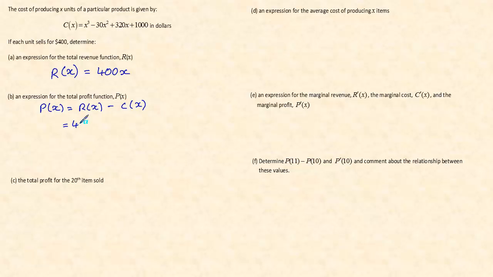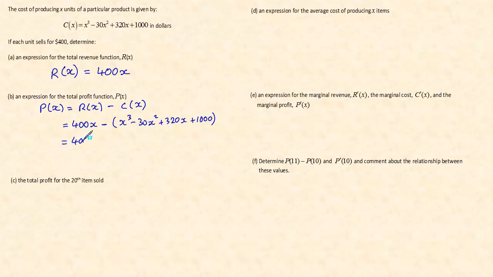Now for the profit function, we know that the profit is the revenue take away the cost. So that's going to be 400X take away X cubed minus 30X squared plus 320X plus 1000.